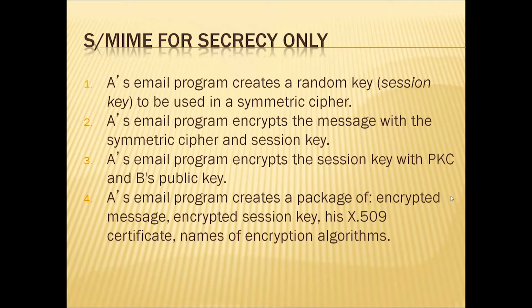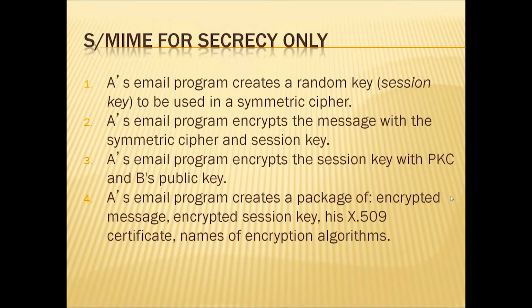So, A's email program creates a random key, which is the session key to be used in the symmetric cipher. A's email program will encrypt the message with the symmetric cipher. A's email program will encrypt the session key with the public key cipher and B's public key. Now, tell me, how will B know that particular random key that A's email program is going to use as a symmetric cipher?